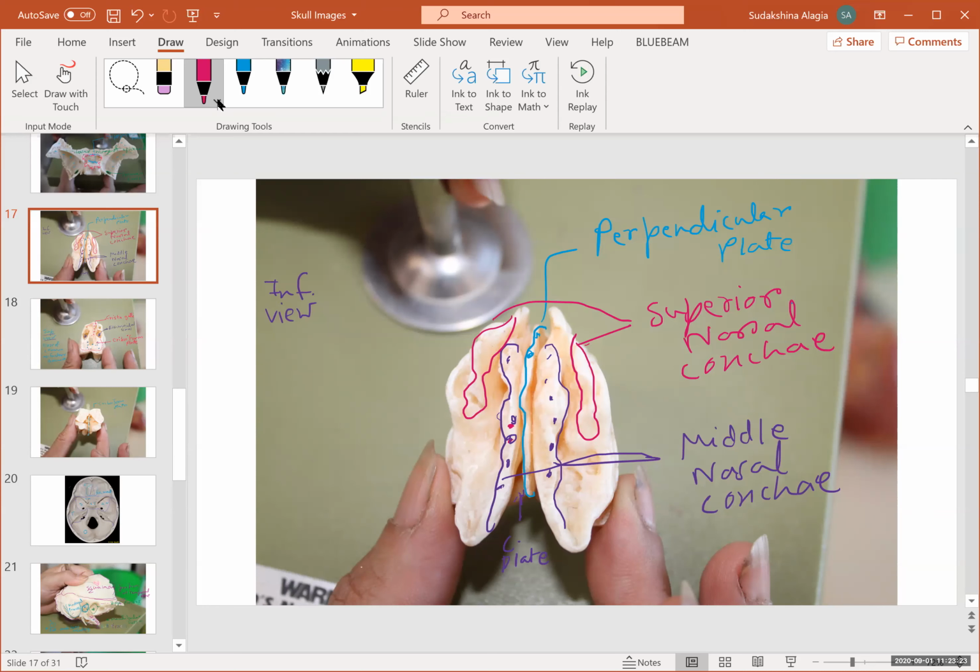All of these are inferior view. So what can we see in the inferior view? We can see the other side of the cribriform plate. You see the perpendicular plate, the middle nasal concha, the superior nasal concha.